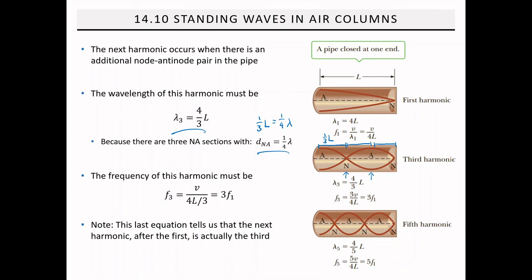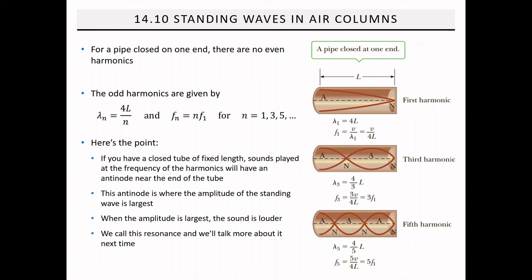So I skipped some steps here, but if we develop the next harmonic by adding one additional node-antinode pair, then this last equation actually shows us that the next harmonic is the third harmonic, and there is in fact no second harmonic for this open-ended tube.